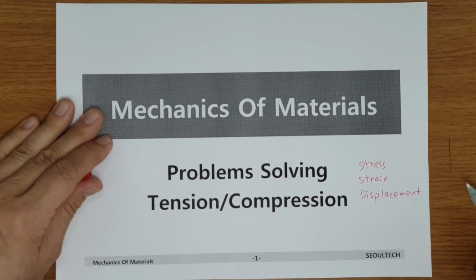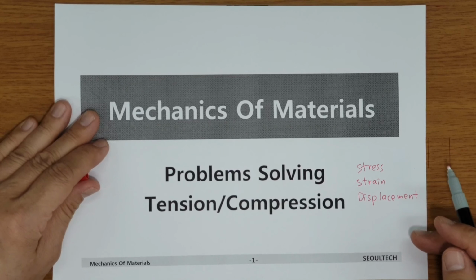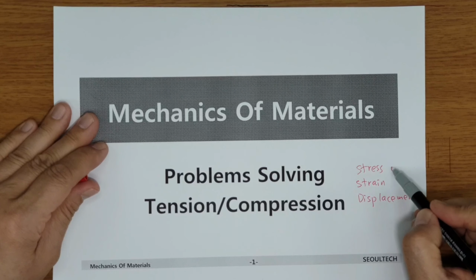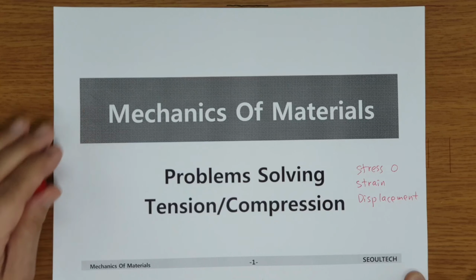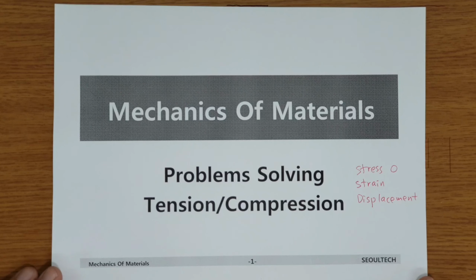In many cases, we need to find stress. Why do we try to find stress? Because we would like to know what's the minimum size or what's the adequate size of the component.